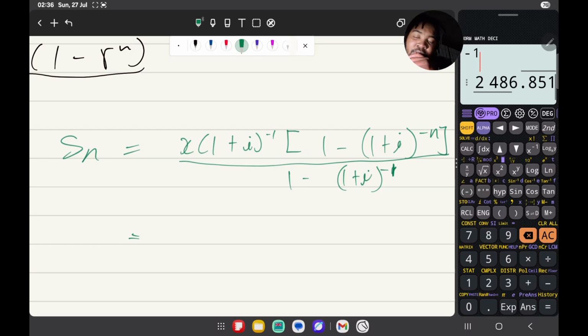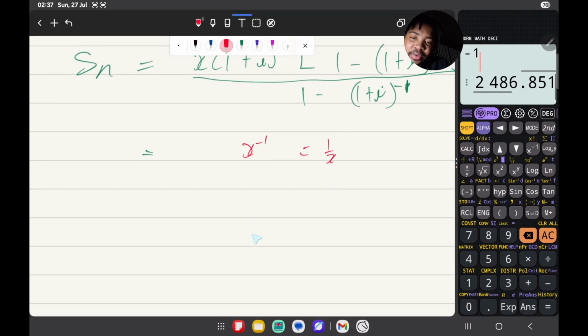All right, so you know that if I have X to the power of minus 1, this is the same as 1 over X. And therefore, if I have 2a times x to the power of minus 2, it is the same as 2a over x squared.